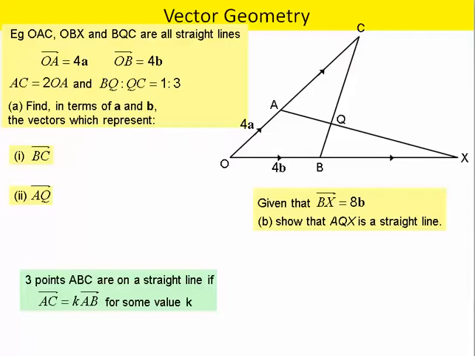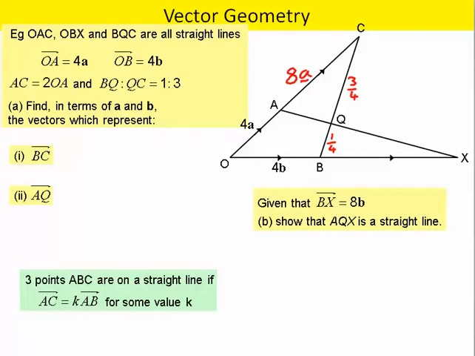If AC is equal to 2OA, that means this one here is 8a. BQ to QC is in the ratio 1 to 3. So BQ times 3 is QC. So in total we have 4 parts. So this is 1/4 of that length, and this is 3/4 of that length.